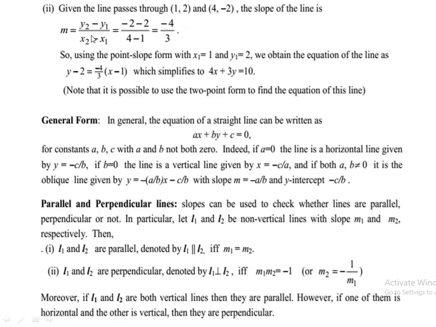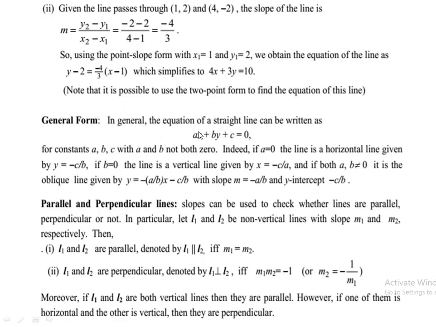Using point-slope form with x1 = 1, y1 = 2, we obtain y minus 2 equals minus 4 over 3 times (x minus 1), which can be simplified as 4x plus 3y equals 10. Note that it is possible to use the point form of a line to find the equation of this line. General form of the equation of a straight line.